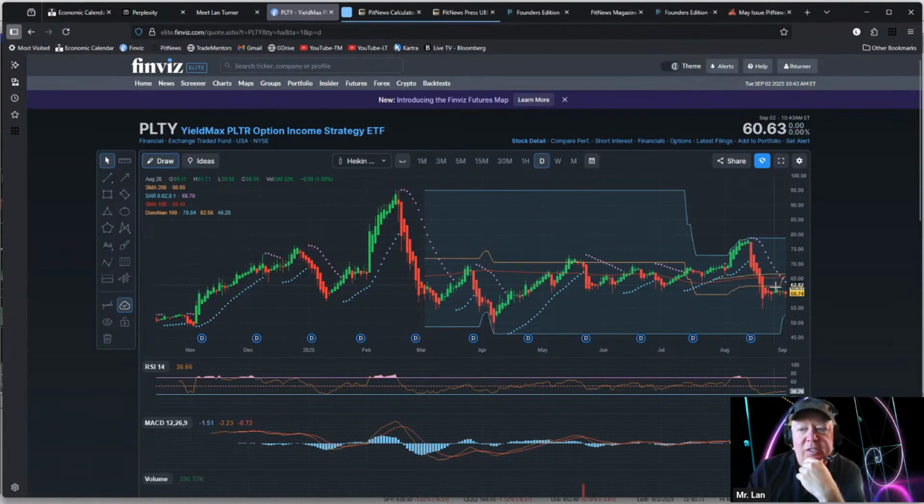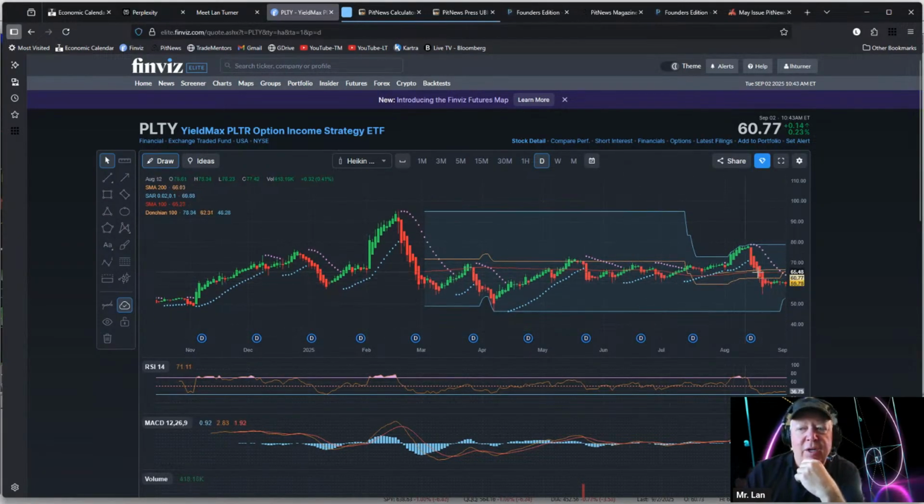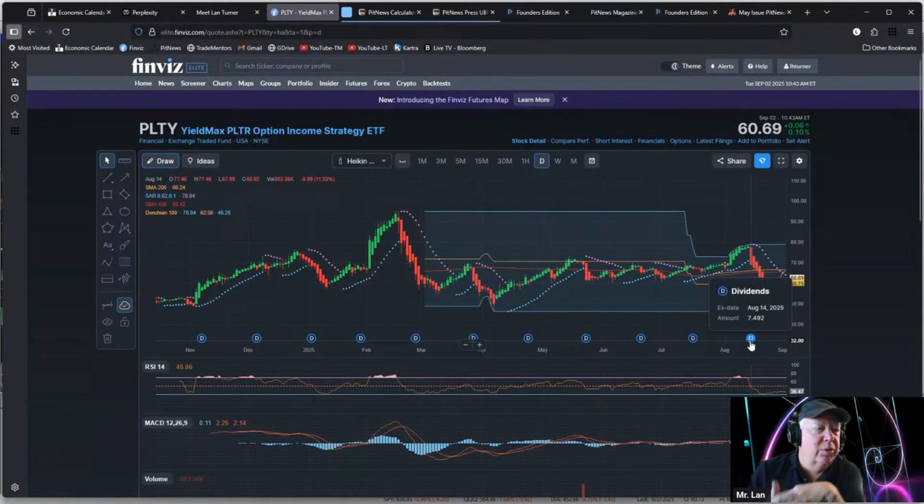They do. This looks like a big drop, but it's from $60 to $40. So that looks like a big drop. And yes, it is. It's a big drop in comparison to what you've got going on here. But nonetheless, you're getting these big dividends. Look at the dividend that you got paid, $7.49 per share. That's a lot of money.